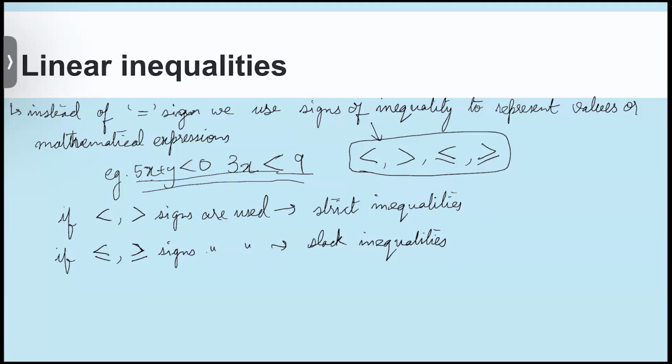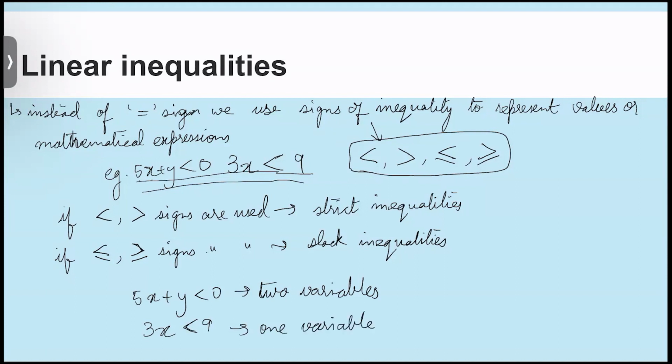Also, when we are saying 5x plus y is equal to 0, this is an inequality with two variables. Two variables are being used over here. And if you have 3x is equal to 9, then this is a linear inequality with one variable.